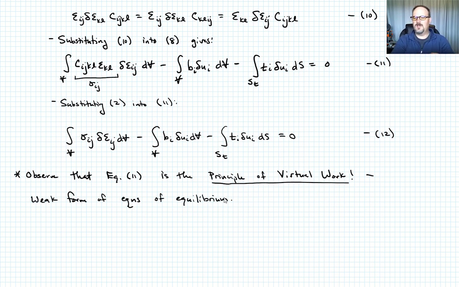So we just demonstrated that the principle of stationary total potential energy holds for an elastic body, in that if we can write the potential energy down and extremize that, it does give us back the equations of equilibrium. That's going to be important as we talk about some of the methods that we're going to use for solving our elastic body problem.